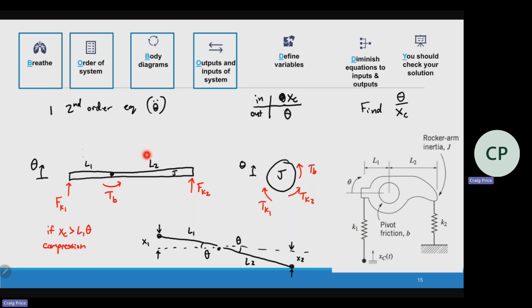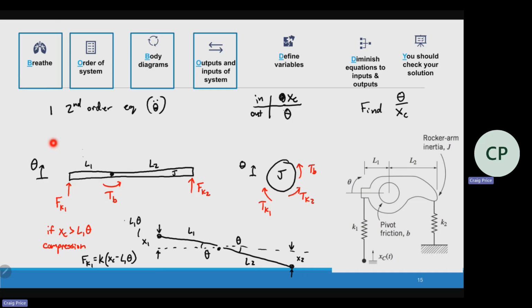So my spring force, just to give you a real definition, FK1 is K delta X. I do have a delta. I have XC, and I'm saying that XC is greater than L1 theta, because X1 is equal to L1 times sine theta.